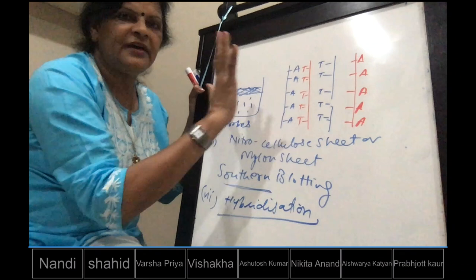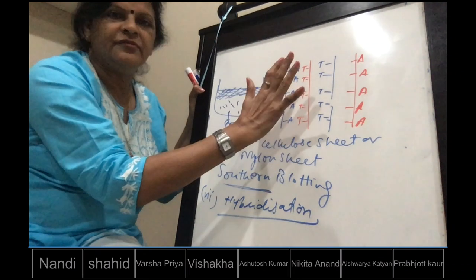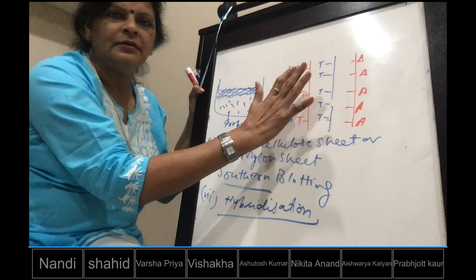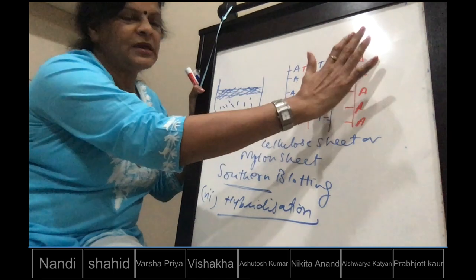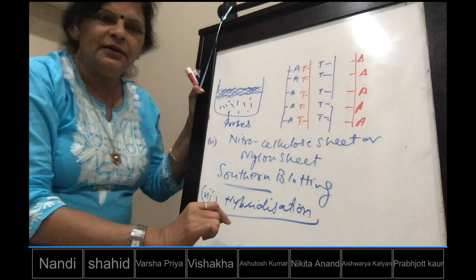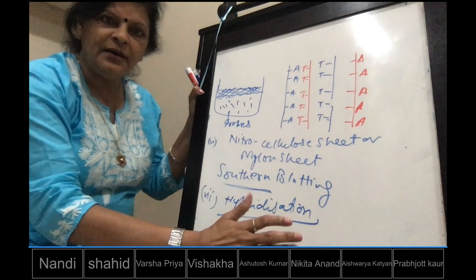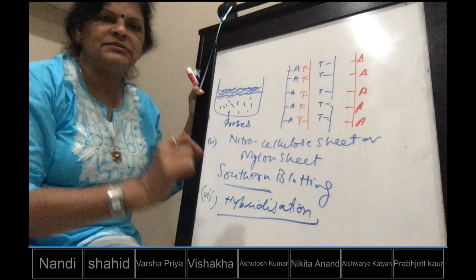How many bands? 5 bands. 5 bands will appear on the X-ray film, meaning there were 5 VNTRs. In the same way, if we do it on 3, 3 bands will appear. So an X-ray film is placed over the hybridized area and banding occurs.